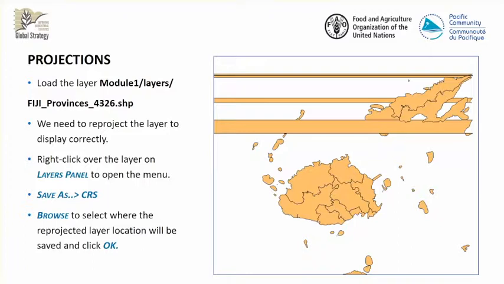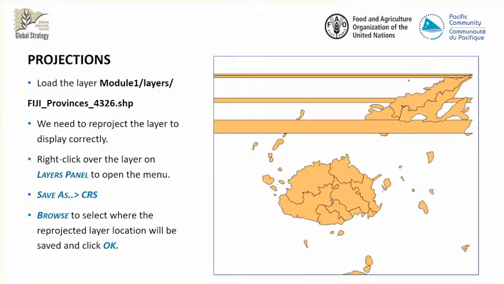So we right-click over the layer on the Layers panel, as we have done, to open the properties. And there's no reproject or set projection in QGIS.